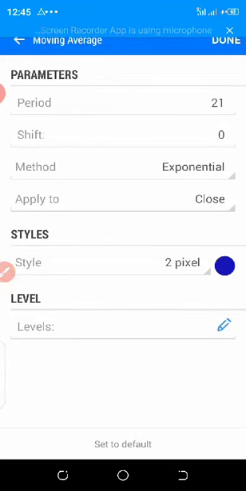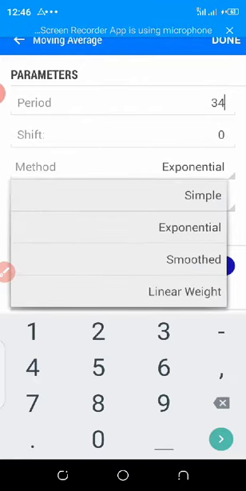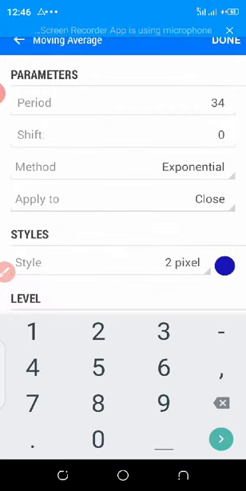What you need to do, the period, you change it to 34. You leave the shift at 0. The method, you change it to exponential. If you click, there's different samples. Change it to exponential moving average. Then the apply to, change it to high.